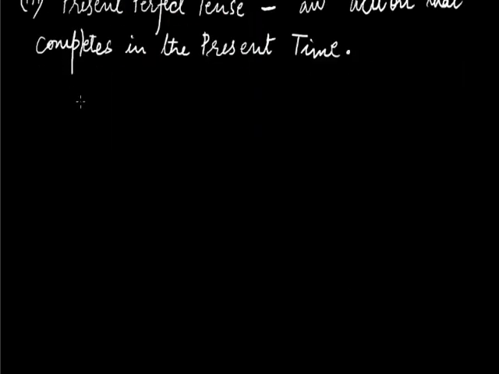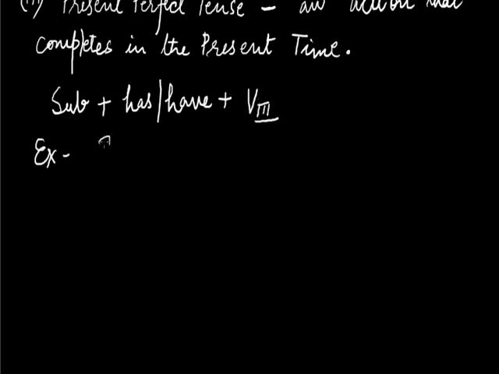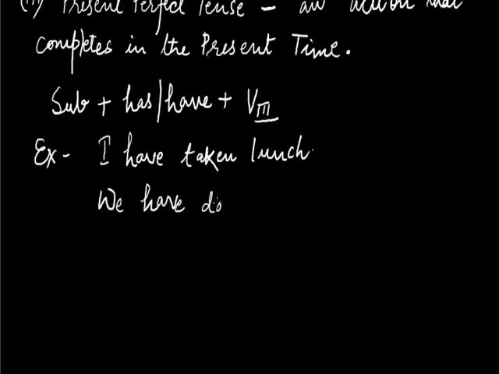The simple formula for writing a sentence in present perfect tense is as follows. Subject plus has or have plus third form of verb. Example, I have taken lunch. Second, we have done our homework.